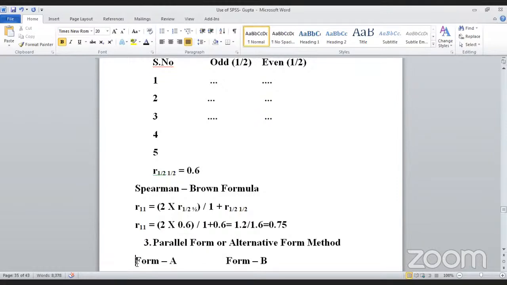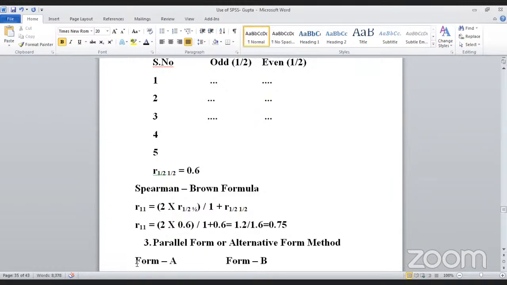Now, why do you have this type of thing? Because you are giving A set to one, B set to another, C and D, and then A and B, and then again C and D. So the people sitting side by side do not have the same form.